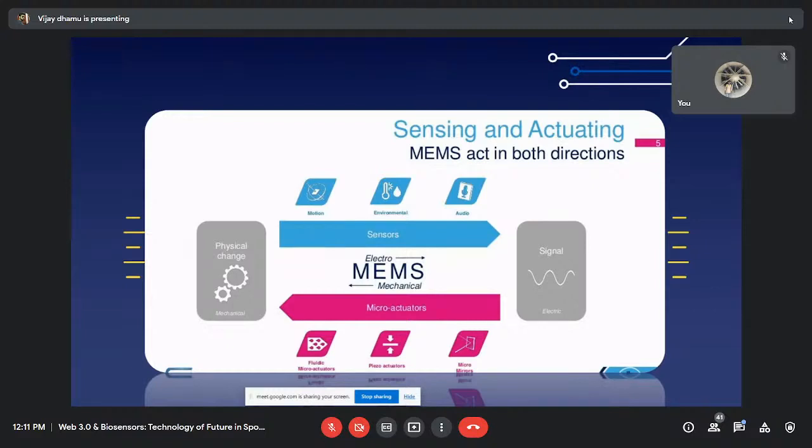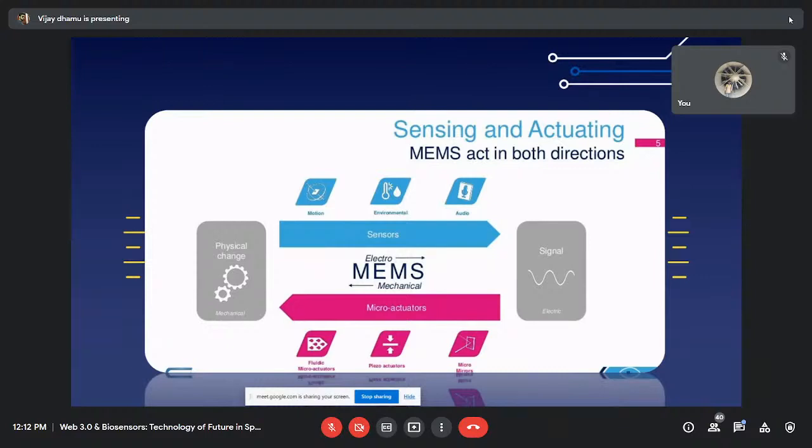It measures movement in 6 degrees of freedom, sometimes even 9 degrees of freedom, so they are used to measure movement in both linear and angular pathways. We can also use MEMS sensors in the environment to determine the atmospheric pollution level, sometimes even the humidity level.